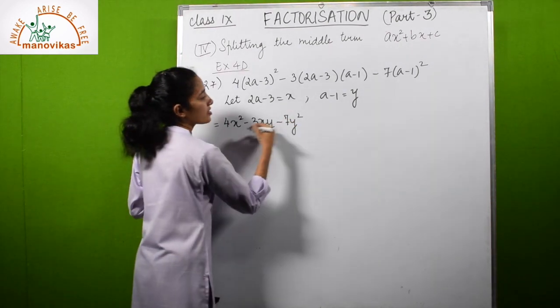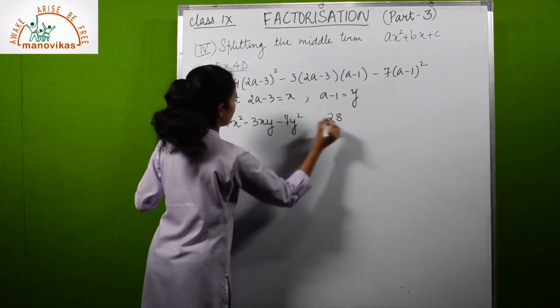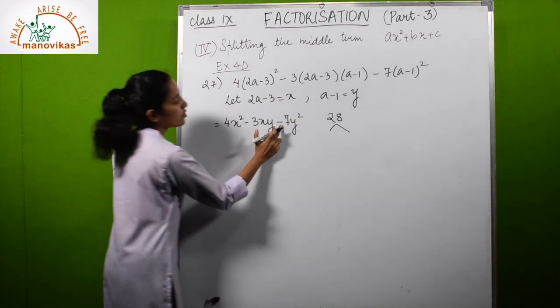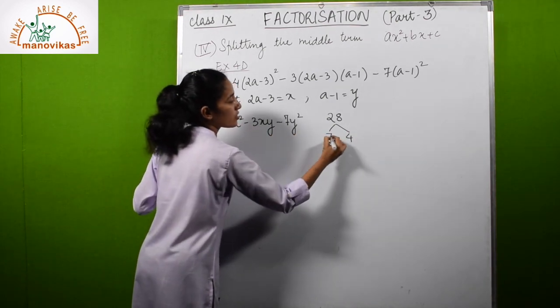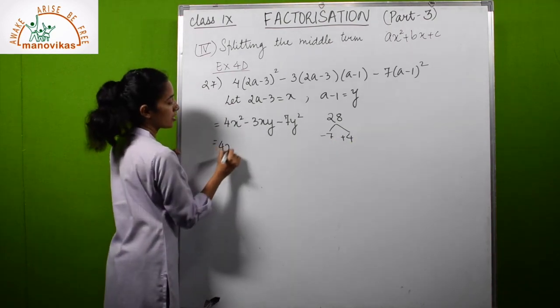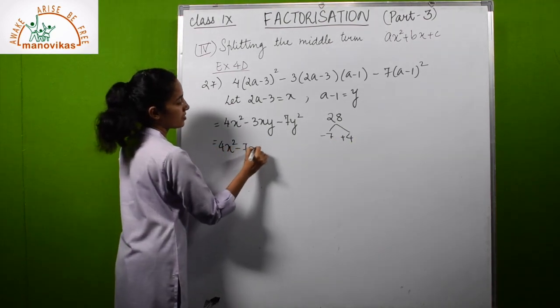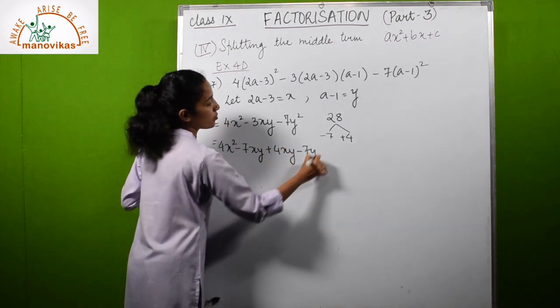So you have to find here the factors of 28 so that when you subtract you get 3. The factors are 7 and 4 itself. So this will be subtraction, this will be addition. So I have 4x square minus 7xy plus 4xy minus 7y square.